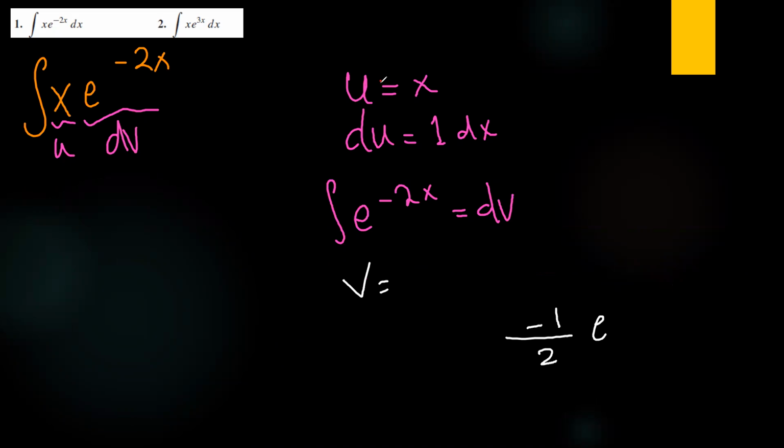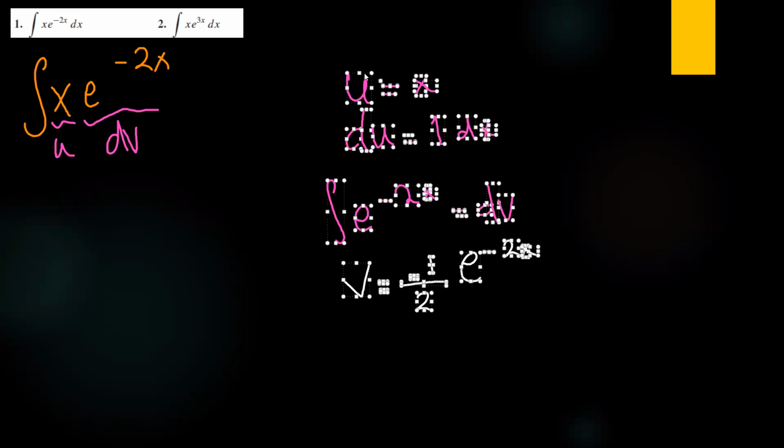So v will be negative half e to the power negative 2x. So after now, we found u, du, dv, and v. Let's come back now to our integration.